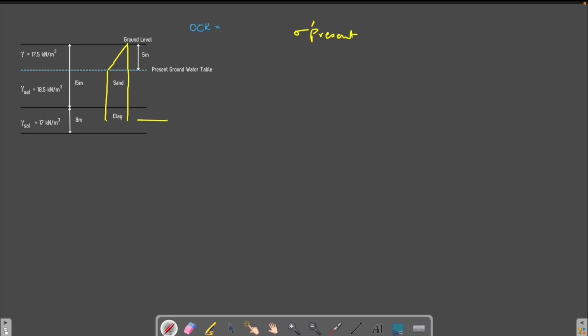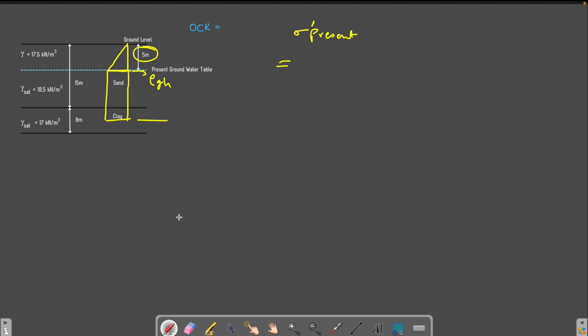So what is the stress? The stress is rho gh. Okay, rho gh. This is the maximum stress. This is rho gh, and this stress is acting in the clay layer due to the sand layer of first 5 meter.